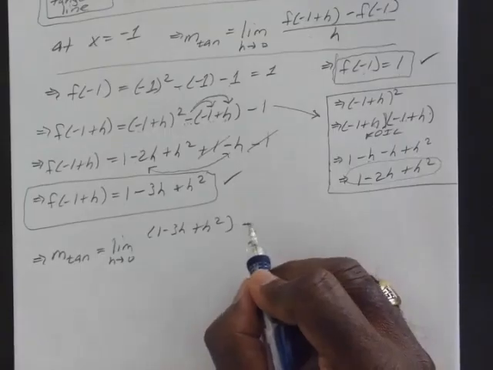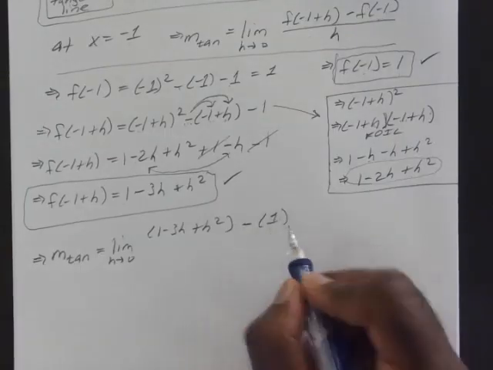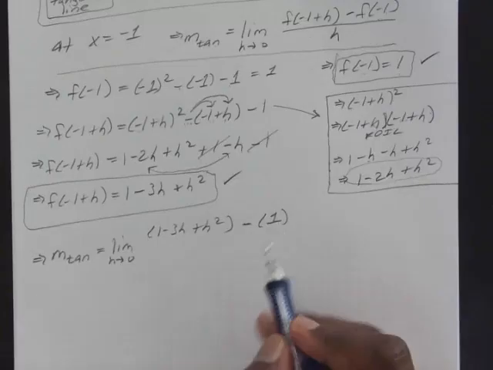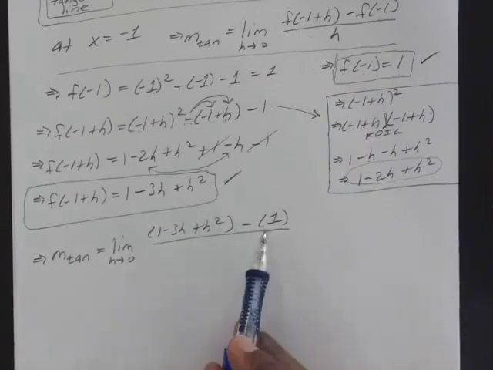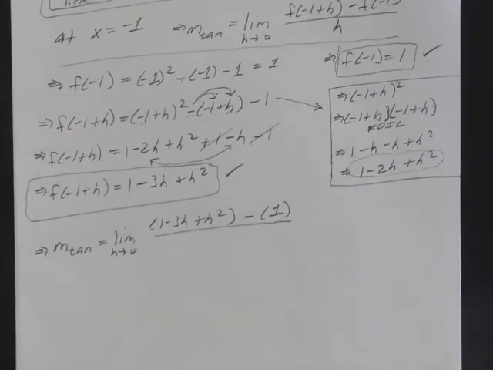So minus, and when it's just one term, you don't have to put parentheses, but I'll do it anyway. Just one term, you don't have to distribute anything. All divided by h.